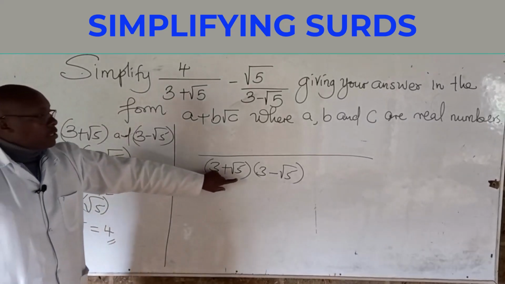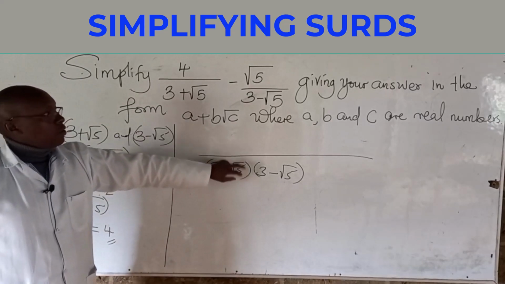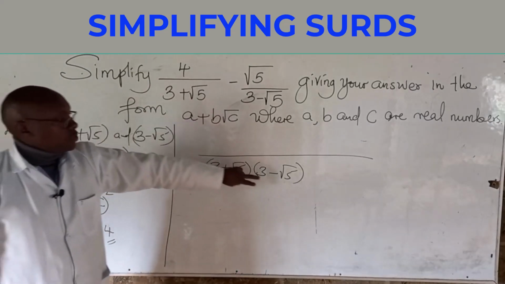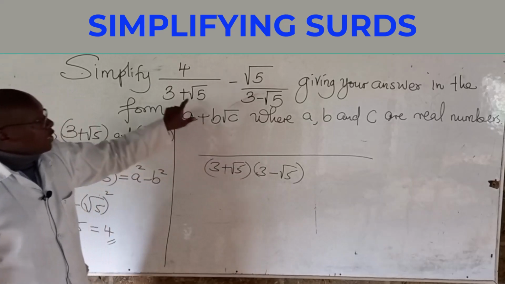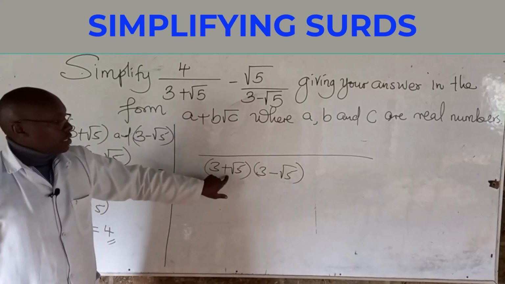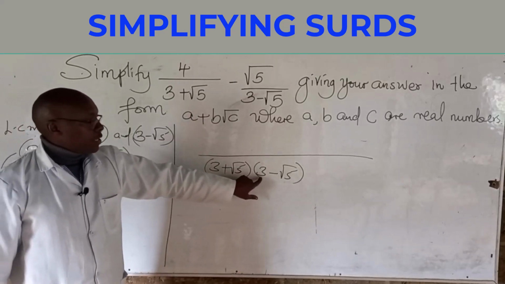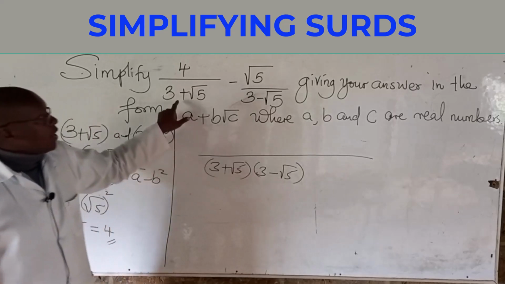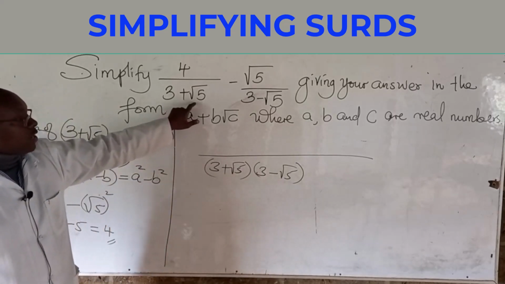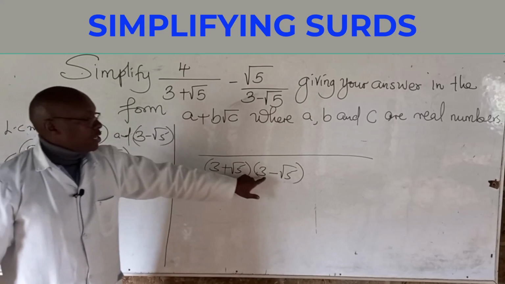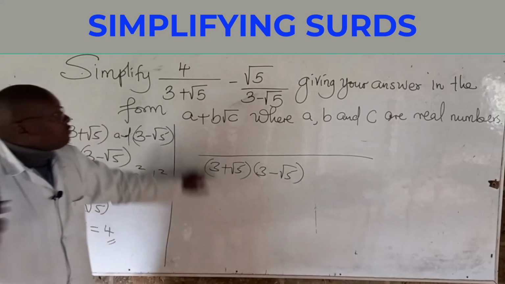So look at this. When we are working out fractions, you take the LCM divided by this. So when you take 3 plus root of 5 multiplied by 3 minus root of 5 and divide by 3 plus root of 5, you remain with 3 minus root of 5 multiplied by 4.